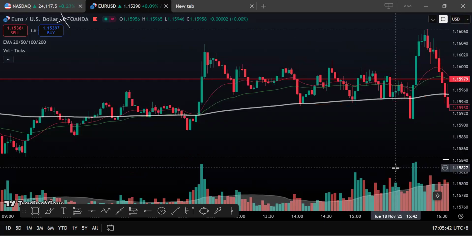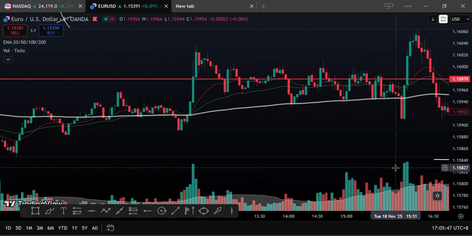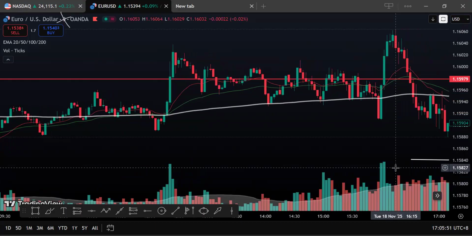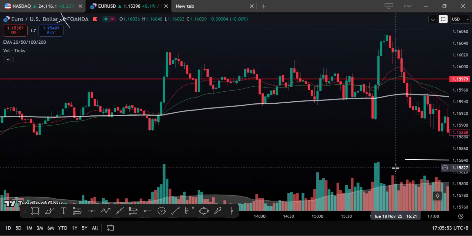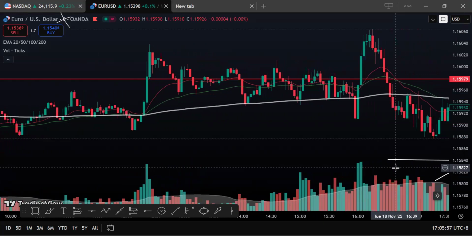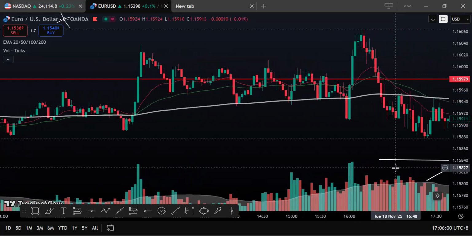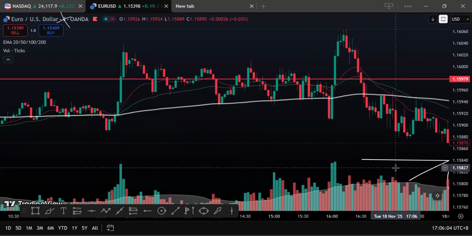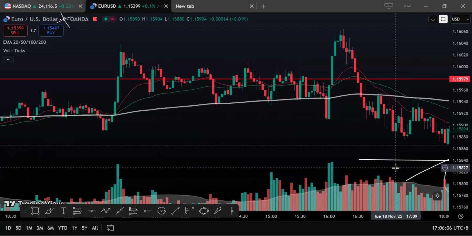Now you see, but it's not confirmed yet as a downtrend. Now a breakout happened in this area. The pop happened. The volume is still so strong.